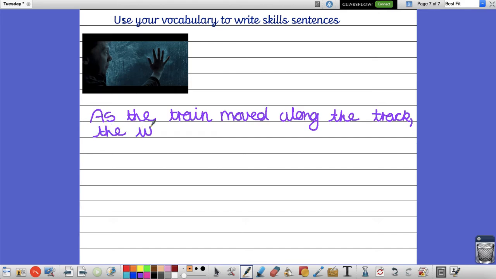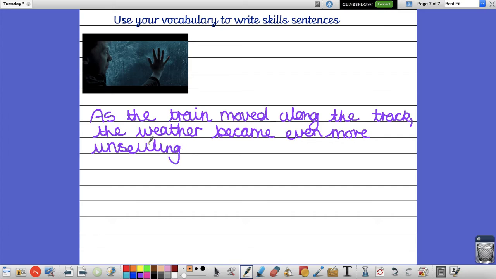I'm going to describe the weather at this point. So the weather became even more, I'm going to use the word that I've had on my mind map. I'm going to use the word unsettling.